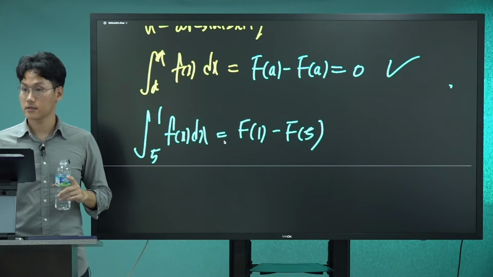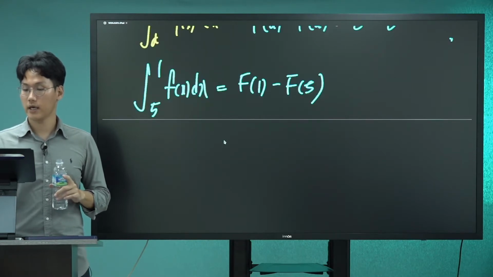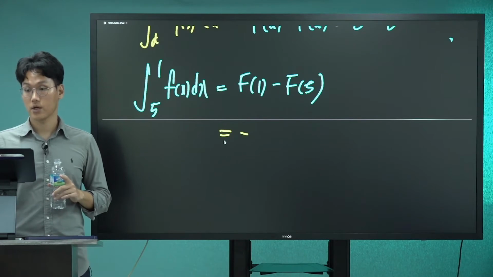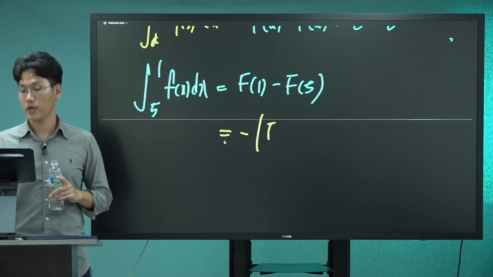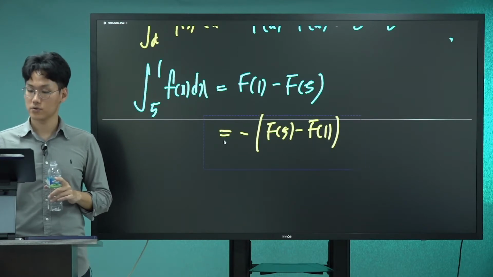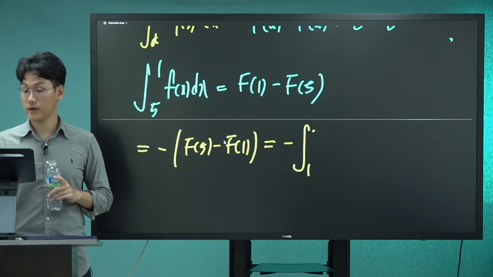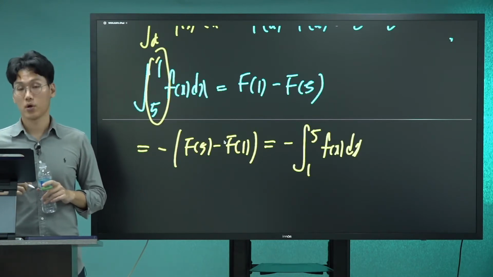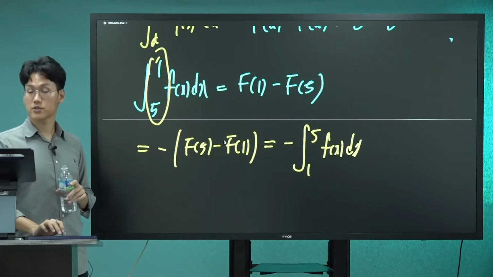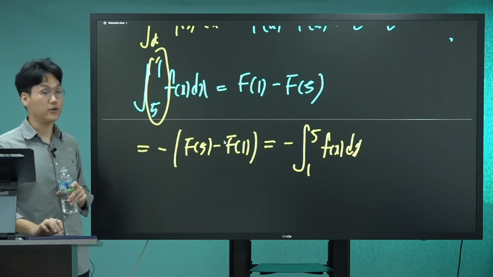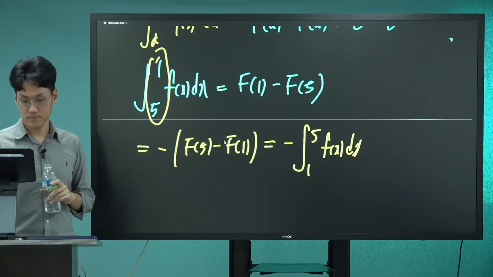So what we want to do then is to factorize by a negative. If you factorize by a negative, there will be F of 5 minus F of 1. Understood? Which is then going to be the same as the integral from 1 to 5 of the function. So, every time you have a bigger lower bound, please interchange the bounds and put the negative sign in the front. Okie dokie? Good.